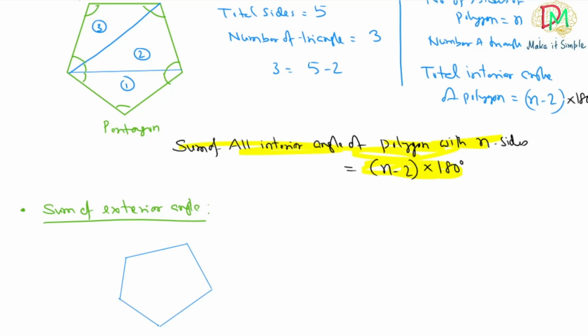So what are those exterior angles? These are the exterior angles. Now how can we find out the sum of these exterior angles?